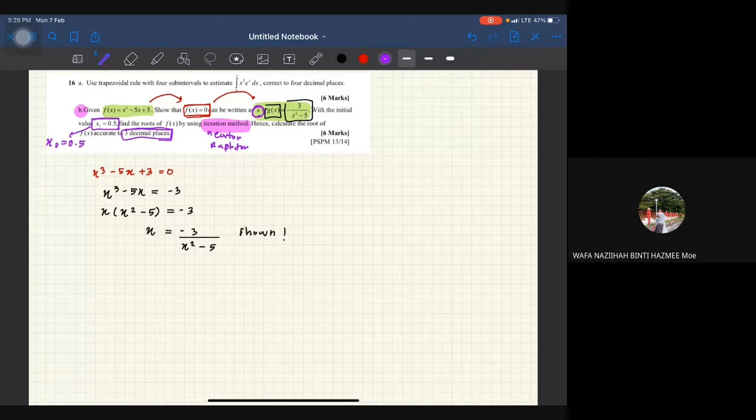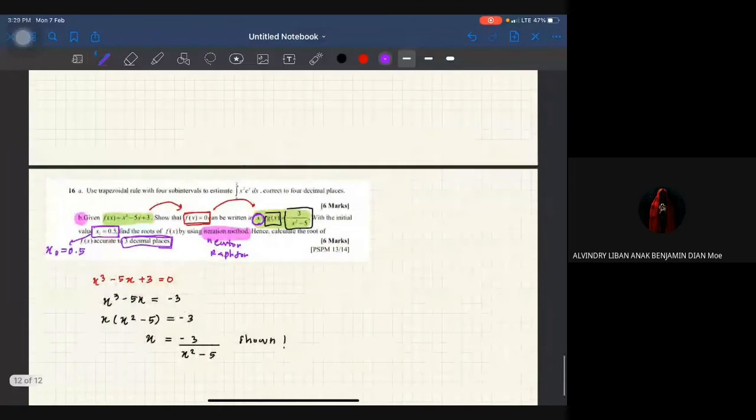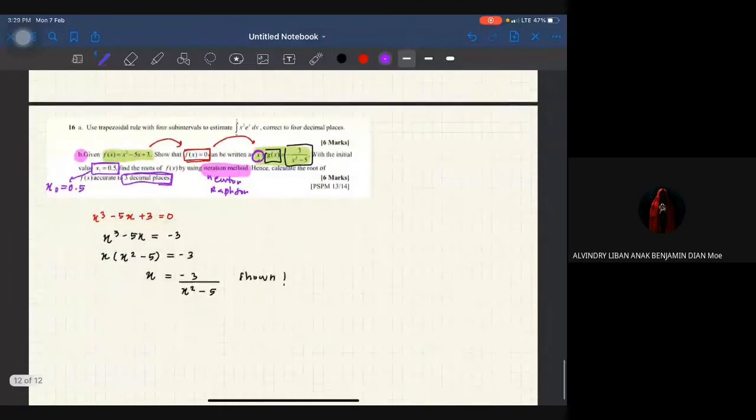Boleh. Wafa je boleh. Dengan Rosalinda. Yang lain? Ada soalan teknik, faham tak? Boleh, Miss. Okay, semangat. So 16B settle.